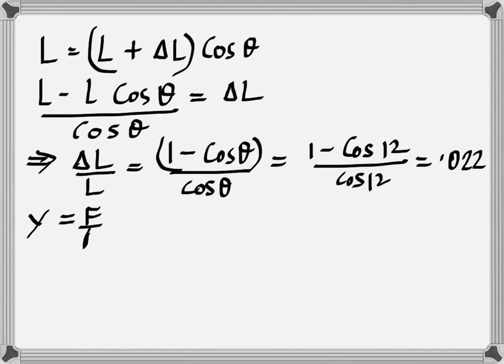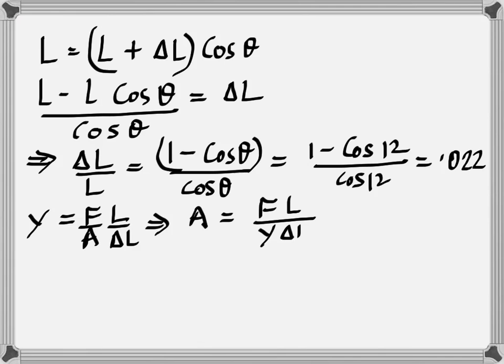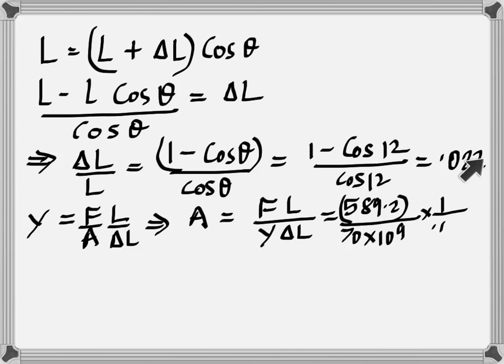And then go back to the Young's modulus equation, make A the subject. Did you notice that it's actually the reciprocal of this, because we got this, so that's why I put 1 by point.